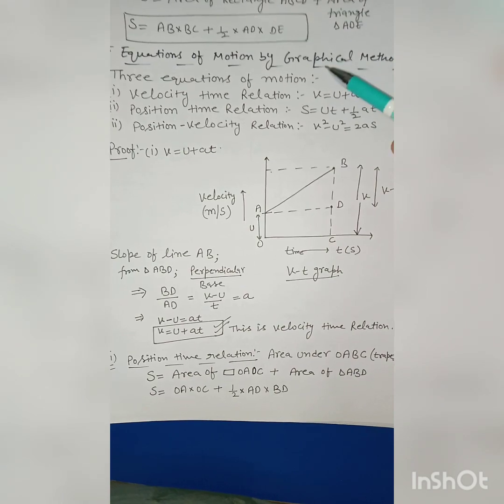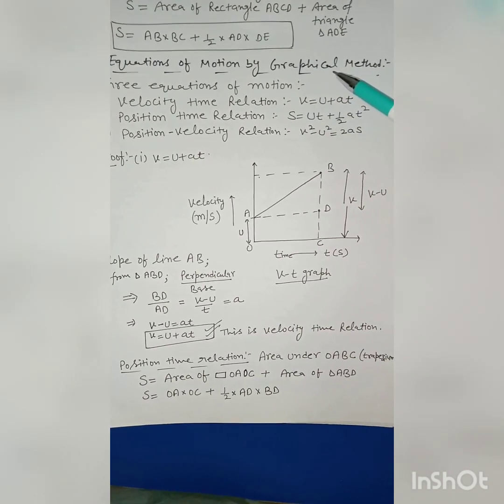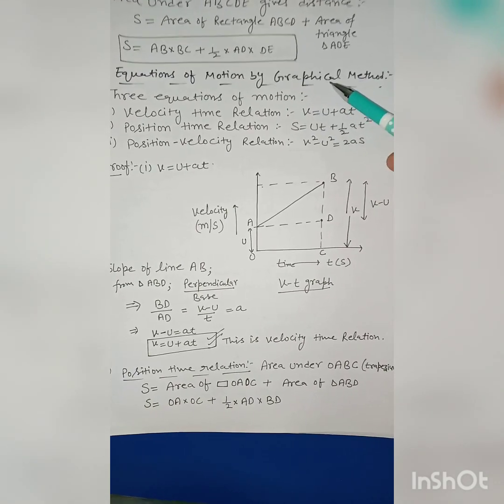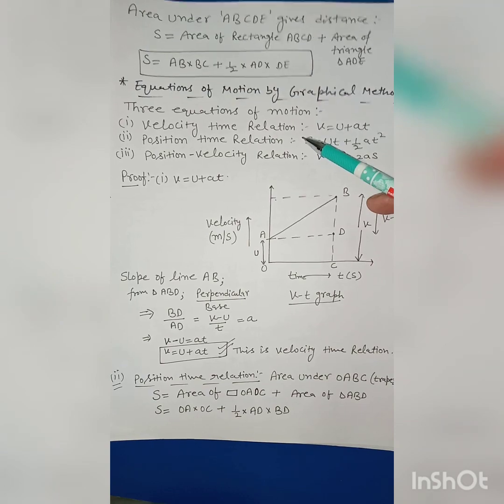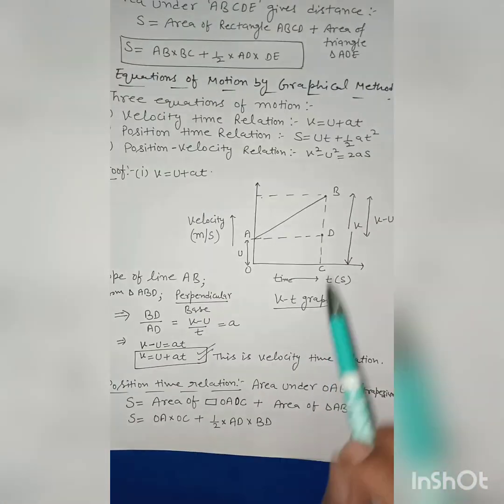As you can see, there are 3 equations of motion that we will now prove from the graphical method: position time relation, velocity time relation, position velocity relation. Now take the velocity time graph.